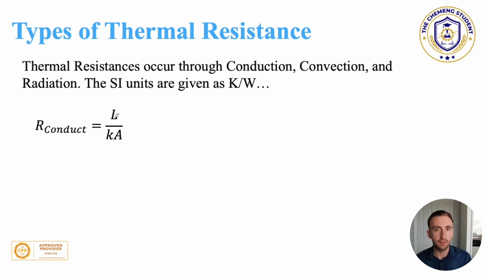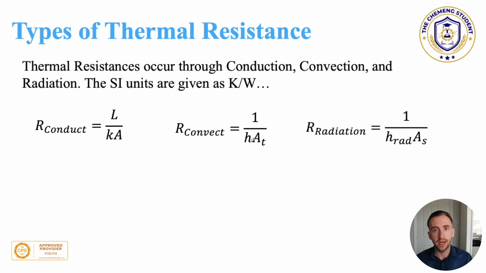Now sometimes this is denoted by X, but here we're going to use the letter L, and that is L over k A, where k is the thermal conductivity of the material, multiplied by A. Now we can also have for convection, whereby we have 1 over h A, where h is the film heat transfer coefficient for that given fluid, and A, of course, is the surface area. And then we have the radiative resistance, which again is 1 over the radiative heat transfer coefficient of the fluid, multiplied by the surface area.